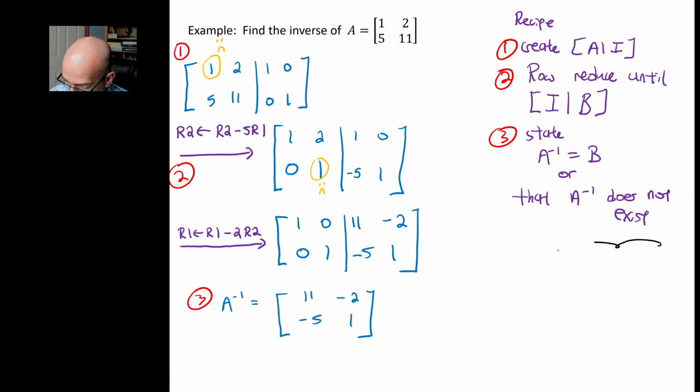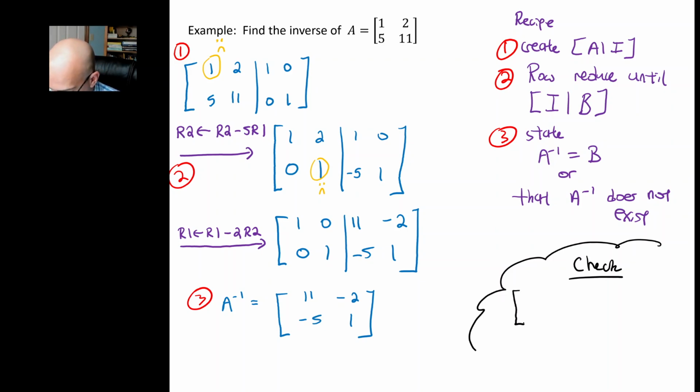I'm going to do a quick check. I'm going to confirm that this is actually the inverse. We're going to do A times A inverse equals identity. I'm just going to check one direction. That's safe. You don't have to check both. 1, 2, 5, 11 times 11, negative 2, negative 5, 1.